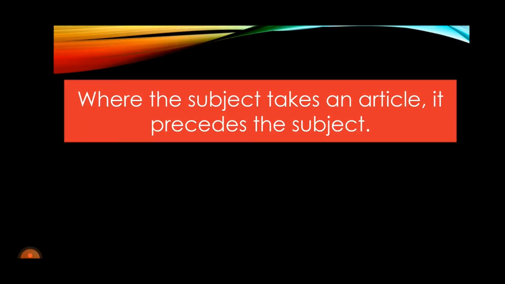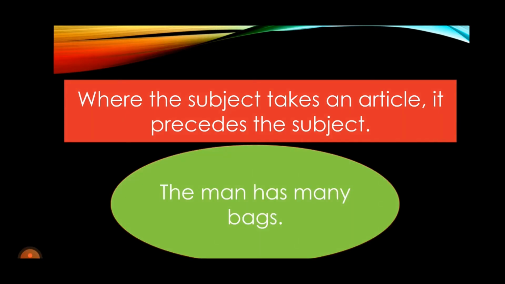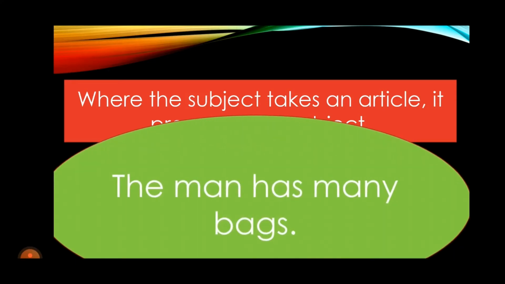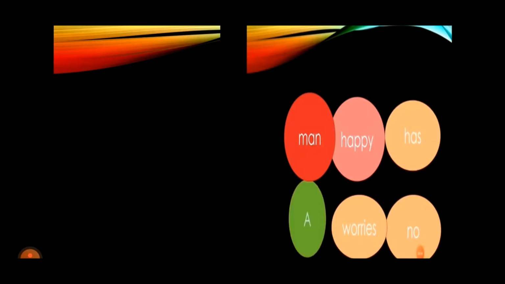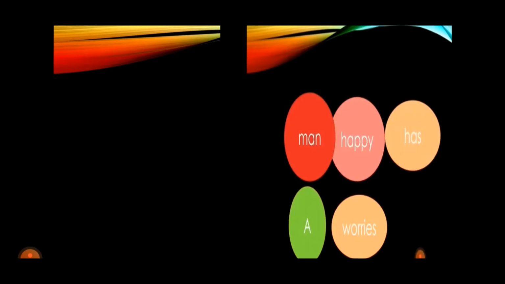Now where the subject takes an article, it precedes the subject. So the article comes first, even before the subject. For example, the man has many bags. Man is the subject, and what is preceding it is the article "the." My dear students, see here: "man happy has no worries" becomes "A happy man has no worries."